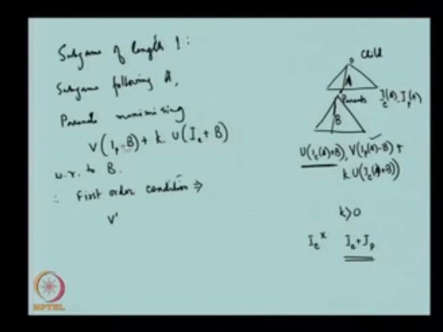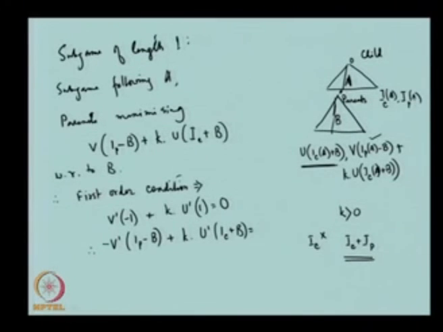Okay, this is minus because V prime multiplied by minus 1 plus K of U prime multiplied by plus 1 is equal to 0, which means that V prime, which is a function of IP minus B, plus K multiplied by U prime, which is a function of IC plus B, is equal to 0.